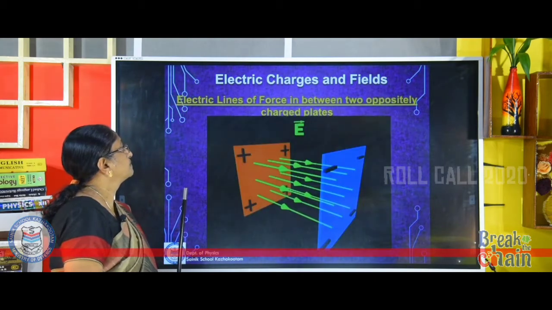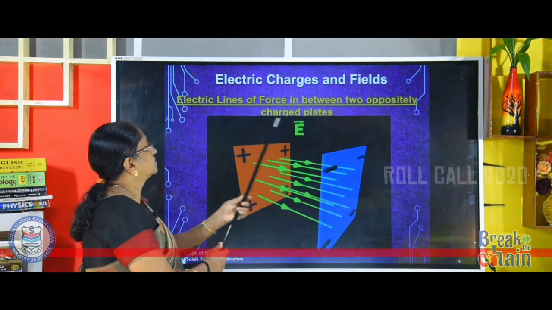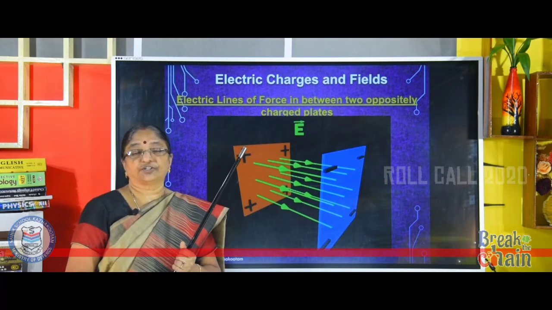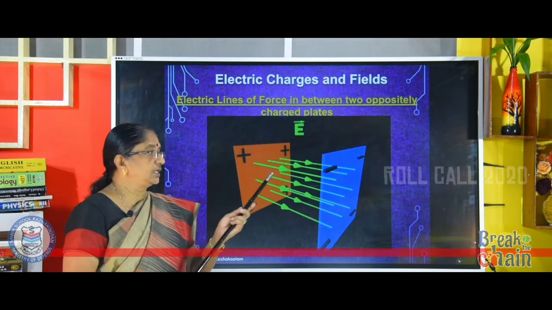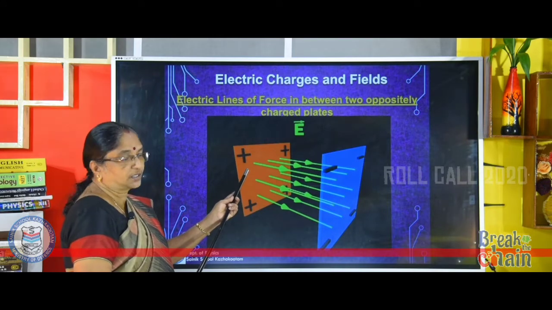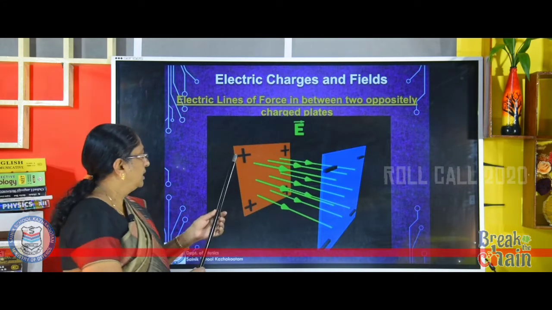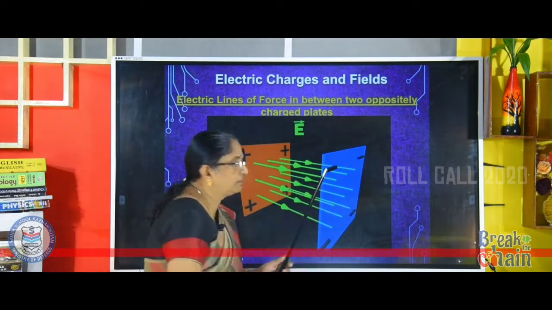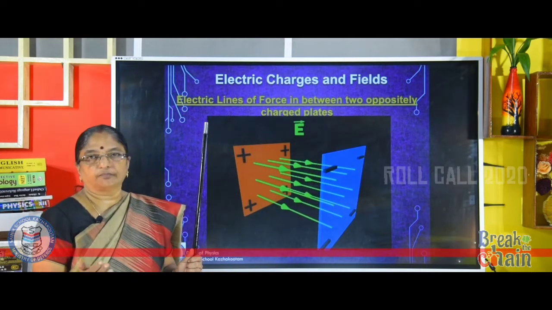First, see this: electric lines of force between two oppositely charged plates. It is actually a three-dimensional figure. The positive plate is on the left and the negative plate, which is blue in color, is on the right.